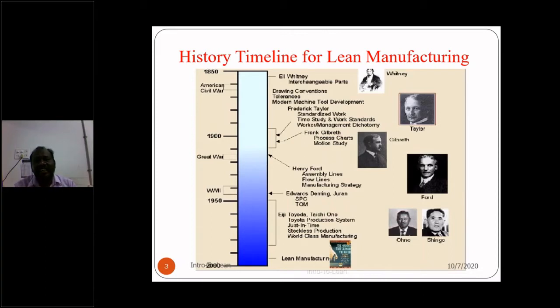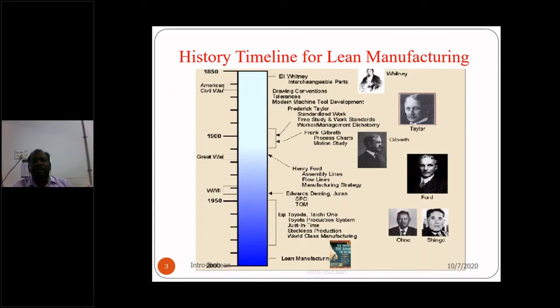In the 1850s, Whitney gave interchangeable parts, where he focused attention on tolerances and development. Then Frederick W. Taylor made an attempt, and Gilbreth. Then Ford, and then Shingo, and it is still going on.